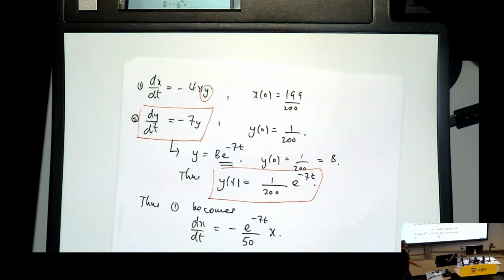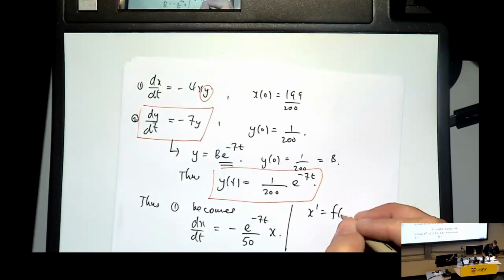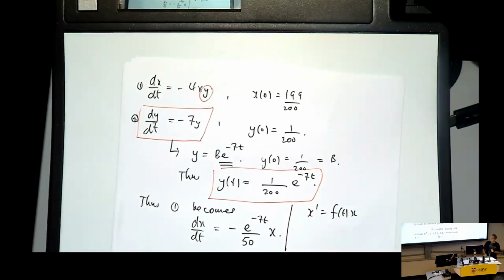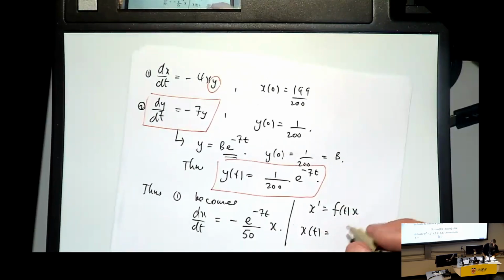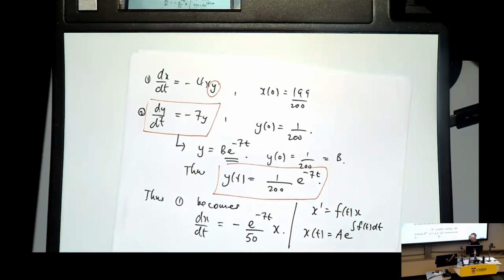If you have something like this, for some f of t, you can just do it like that. So this one's pretty easy to solve. You just got to keep track of all the exponentials.